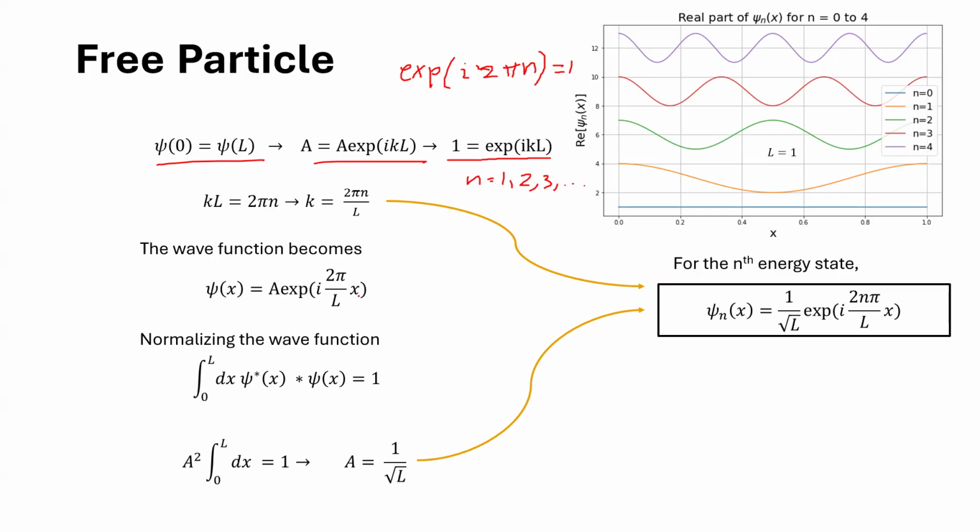So based on this, we can rewrite the wave function as psi of x equal to a times exponential of i times 2 pi n over L times x, because k is equal to 2 pi n over L. So 2 pi n over L is written instead of k here.